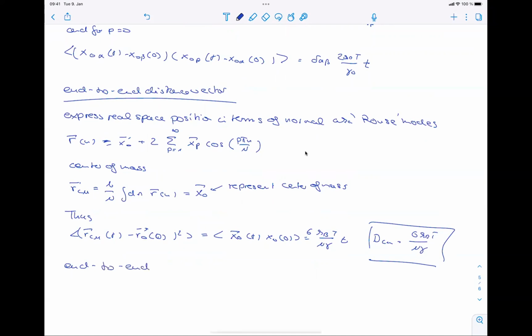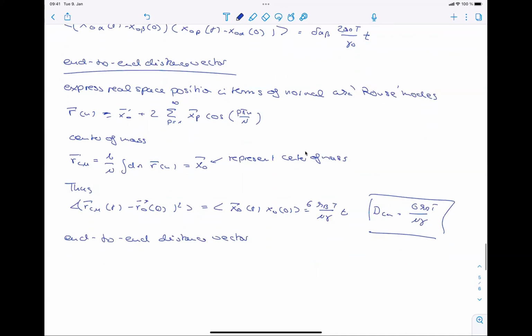So the end-to-end distance vector is here again insightful, because it can tell us about the timescales at which the polymer is internally reorganizing. Then this is our rN(t) minus r0(t), which we can also write as the sum over all modes in between, with p being odd to keep the endpoints fixed.